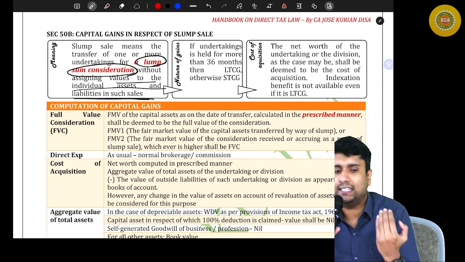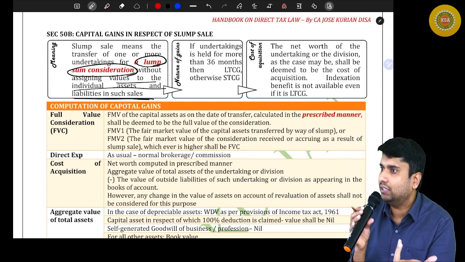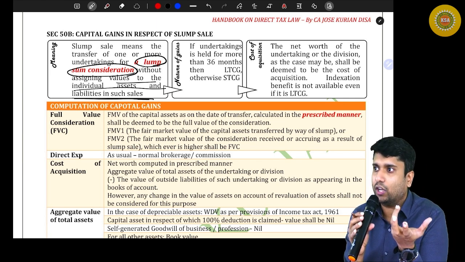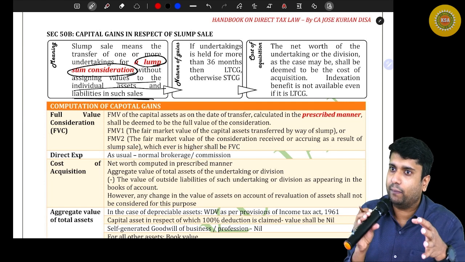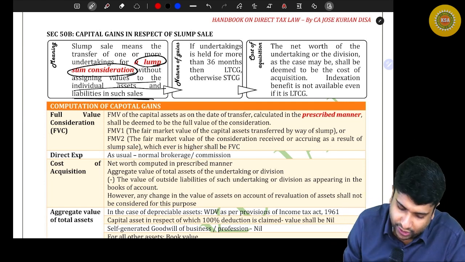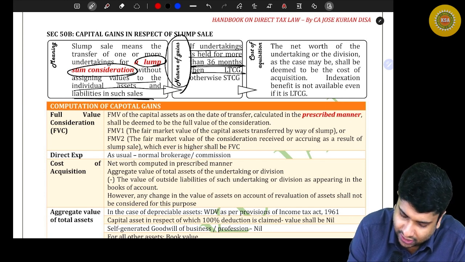Whether an asset is a long-term capital asset or short-term capital asset, normally it depends upon the period of holding, the period between the date of purchase and date of sale. But here the department says the nature of gain shall be long-term capital gain if the undertaking is held for more than 36 months. Otherwise, short-term capital gain.